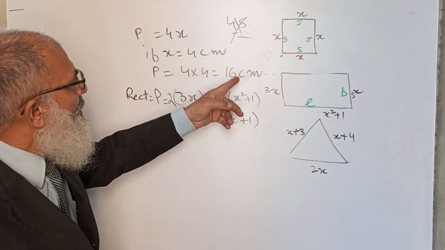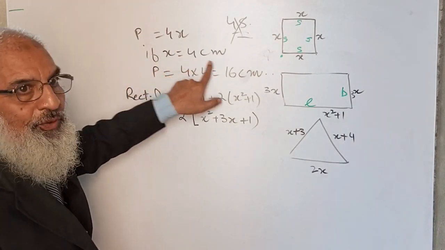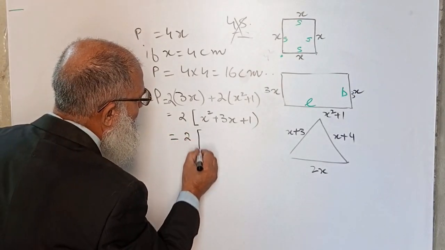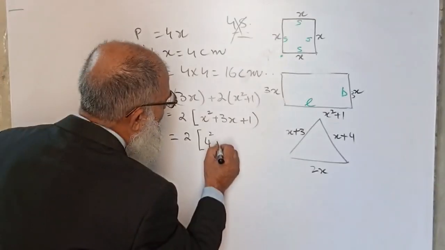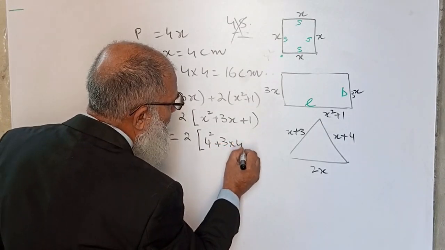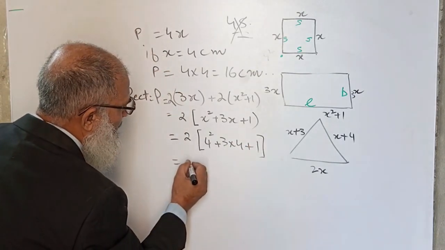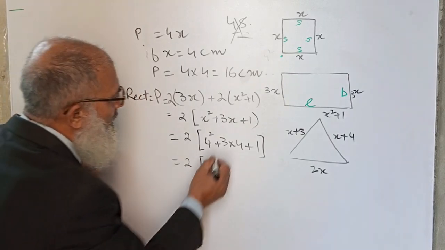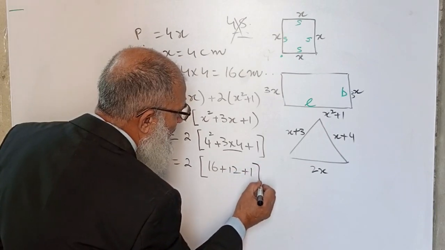If x was given as 4 centimeter, then we have to do it like this: 2 times 4 square plus 3 into 4 plus 1. So what happens? You see that it will become 16, this will become 12, and 1 will remain as it is.